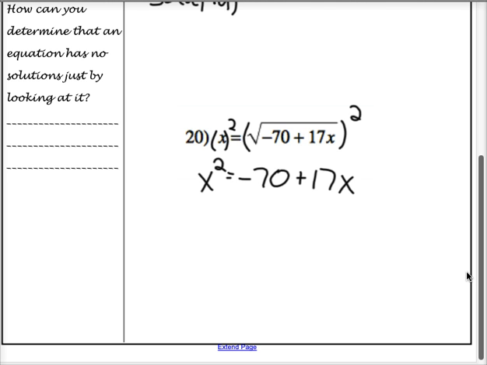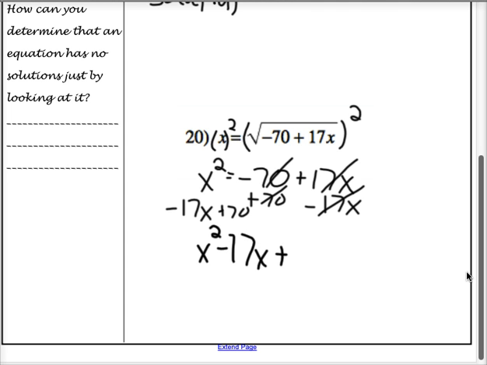Now, we have a quadratic left. Our method for solving quadratics is we need to get everything to one side. So I'm going to subtract off that 17x, and I'm going to add 70. So we end up with x squared minus 17x plus 70 equals 0.